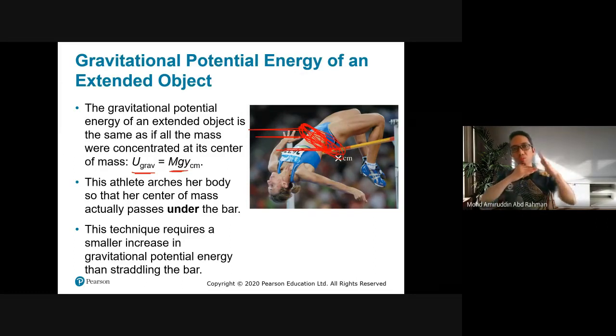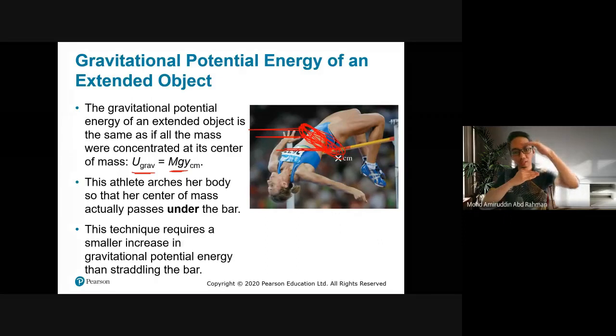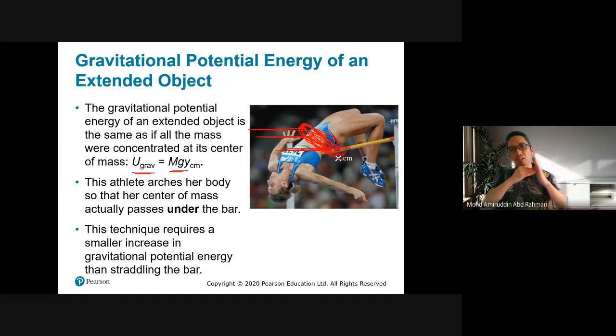Because when we try to jump like this one, if we don't put ourselves like this guy, that's why you see the jumper jump backwards, like that. The jumper won't use the front side of the body to go over.